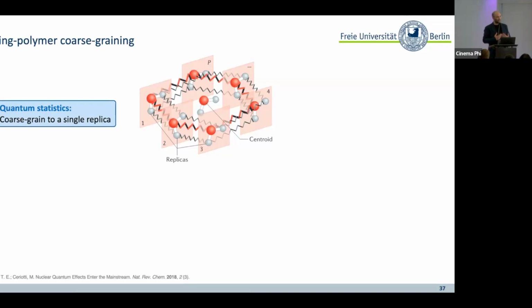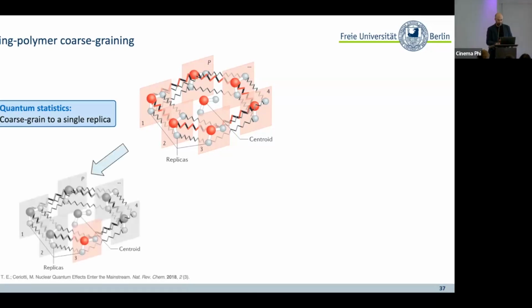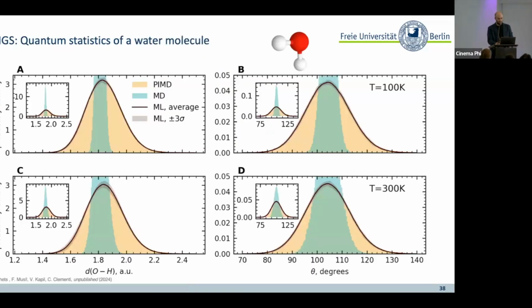So we basically recover the entire quantum description at the cost of a classical molecular dynamics simulation. And there are two different routes we can take. One is for quantum statistics and the other is for quantum dynamics. In the case of quantum statistics, we coarse grain the entire system to a single replica in the ring polymer. And those are some results that we have.